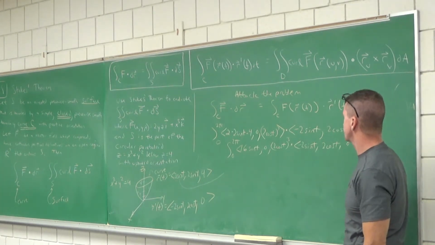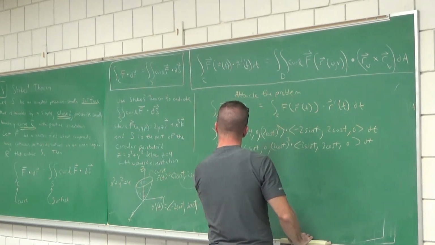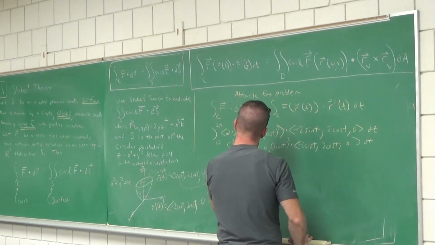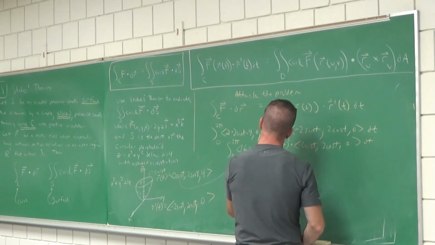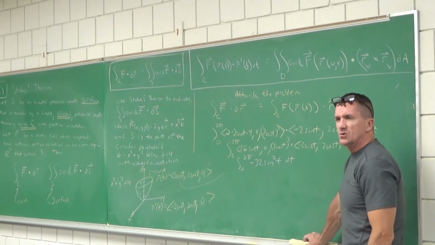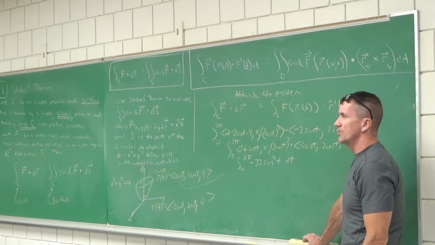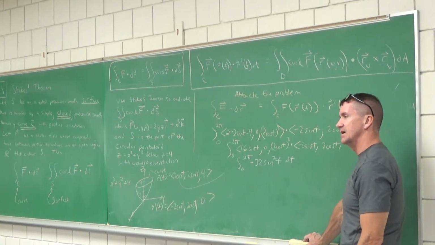The dot product? I get negative 32 sine squared t. Do you all know how to do an integral of a sine squared? You need, very good, you all know you need a trig power, they call it the power reducing identity.